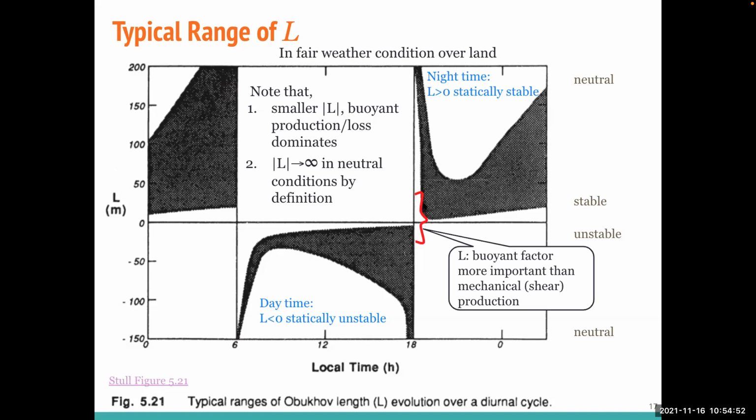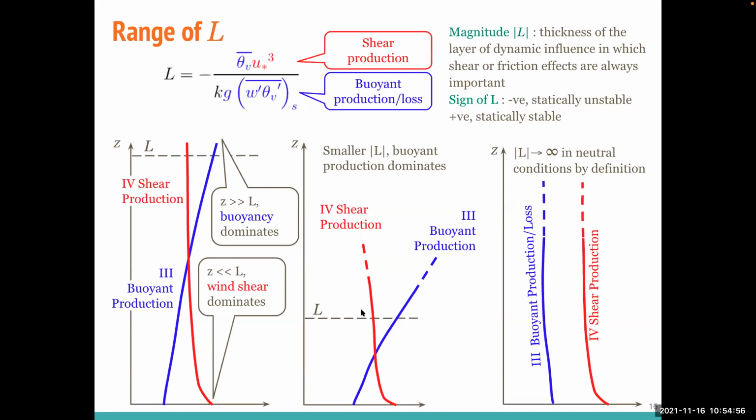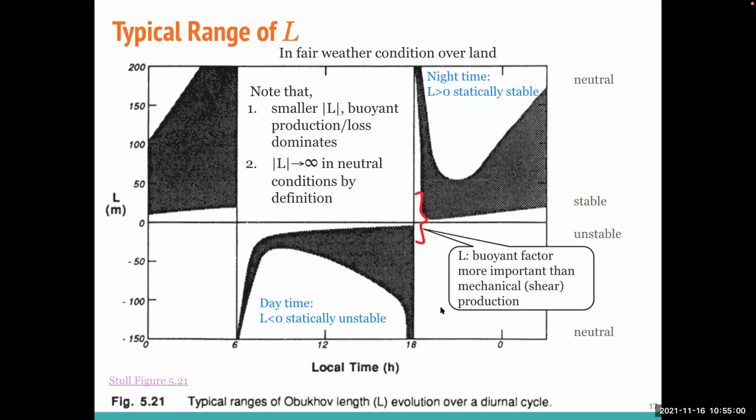So if you have small L, which means you have this kind of situation, you know that it's buoyancy dominated. You can see that after sunrise, the value of L decreases over time. And then you have a large uncertainty range here because you have different situations over different days, right?